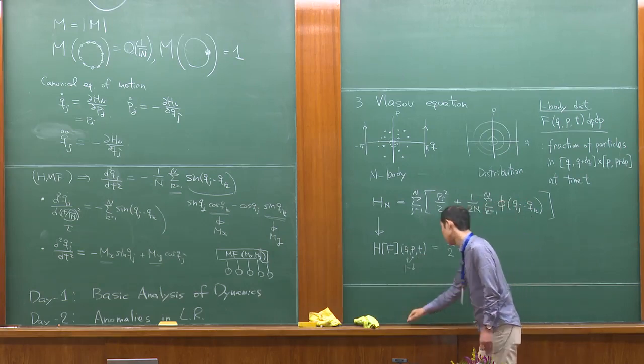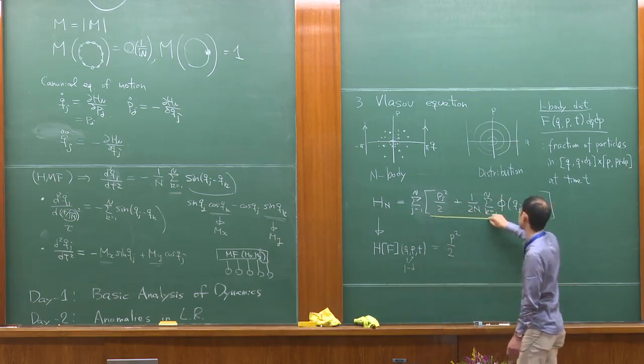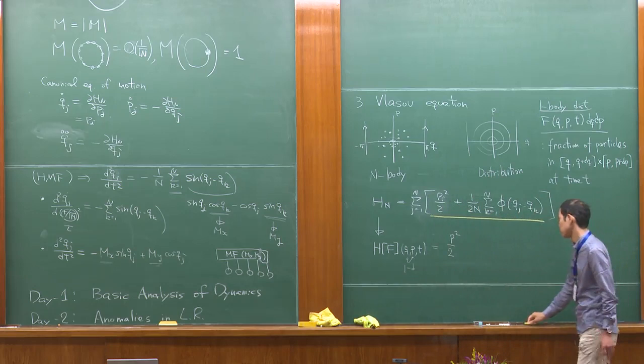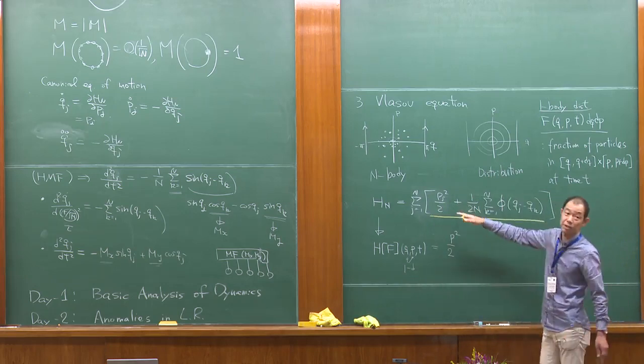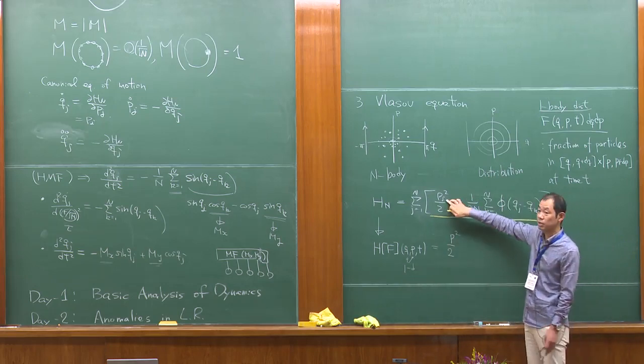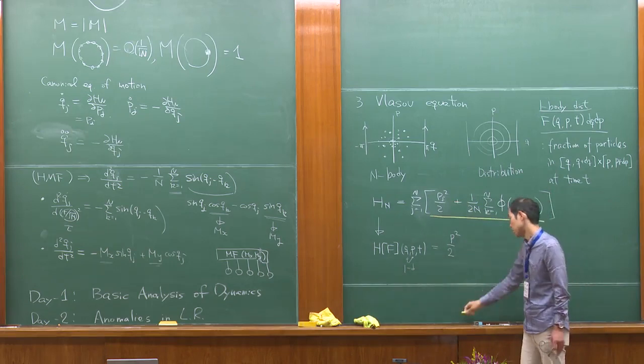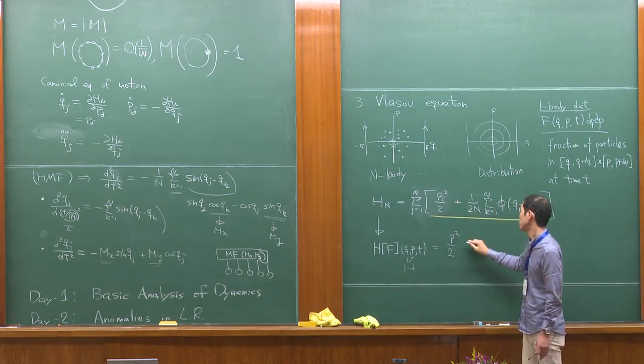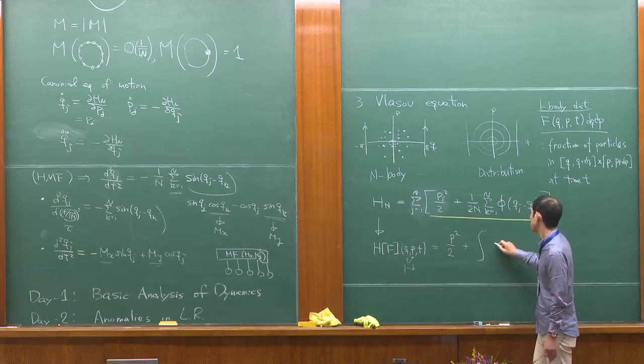So we concentrate on this part, and we eliminate the index j, not an important index. So we put p squared over 2, plus this one.